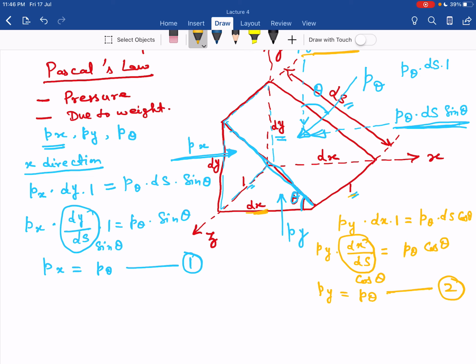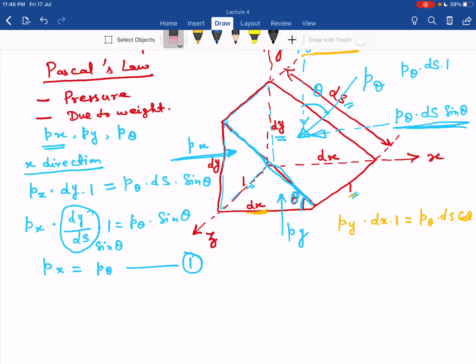The weight of this element is also acting in the downward direction. So we have py into dx equal to p theta into ds cos theta plus the weight of this wedge shape element.